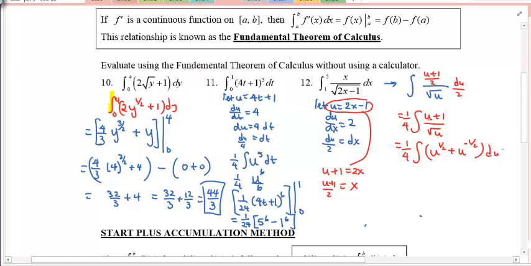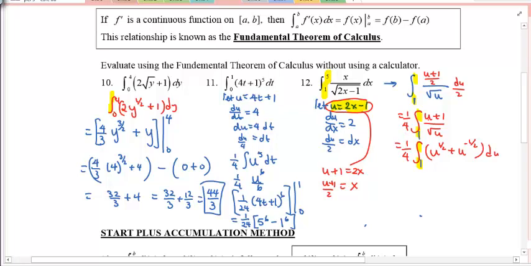Now, you see how I left out the integral limits? In the previous one, I left them out and then I just put them back in after I resubstituted. Well, you don't necessarily have to do that. If you want to just leave everything in terms of u, then why don't you just rewrite these limits in terms of u as well? So if I plug in 1, 2 times 1 is 2, minus 1 is 1, my lower limit is still 1.